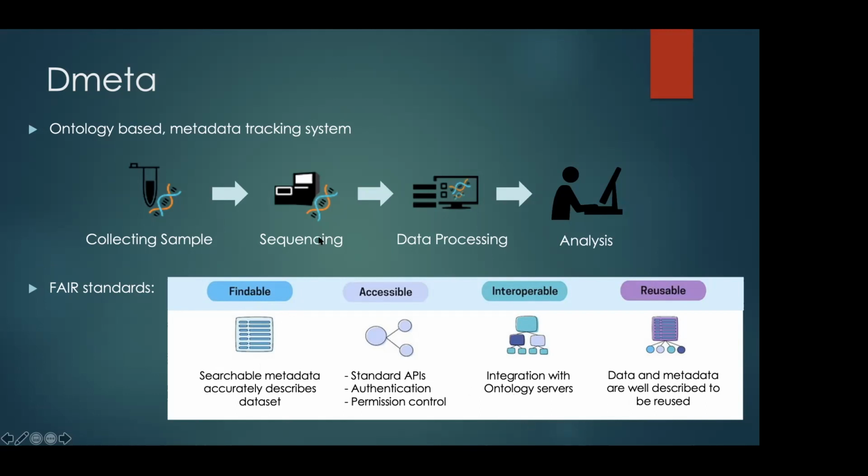And also, by creating these kinds of standards in an ontology-based metadata tracking system, you have dictionaries while defining your samples. For example, RNA-seq can be written in many different formats. One format could be RNA capital, dash, lowercase s, e, q.